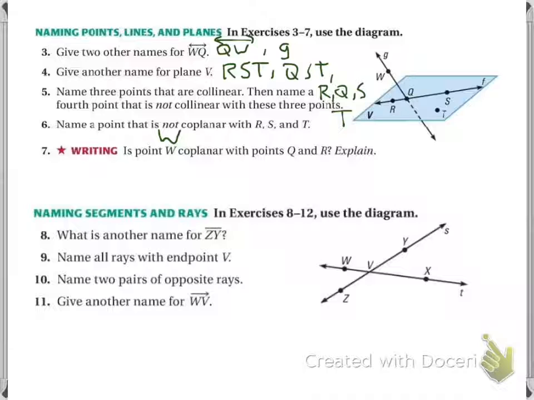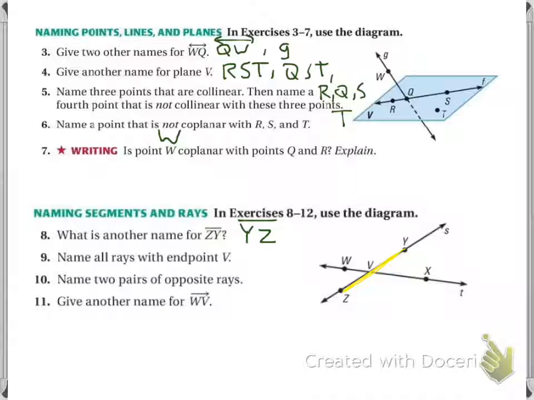Moving down, number 8, another name for ZY. If we look at ZY, it's a segment, so it's just this portion. So I'm just going to flip it around and call it YZ and keep my labeling the same, bar on top.